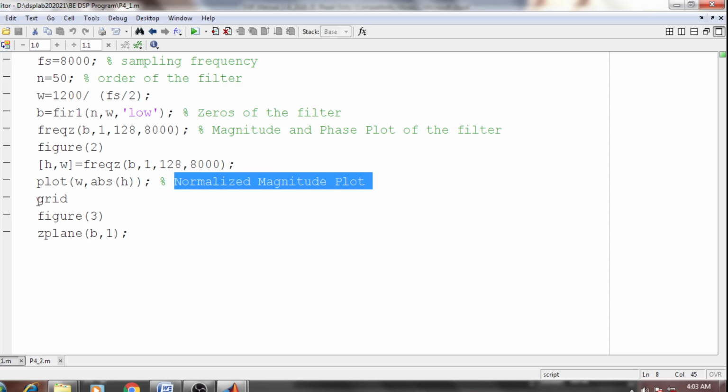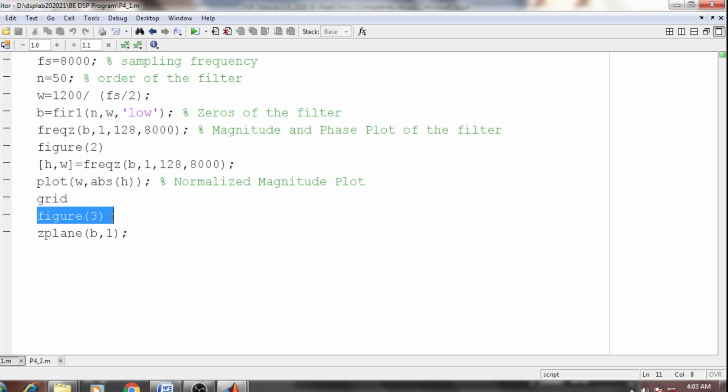Then after that you can plot the phase. The phase plot will be plotted with this function. And lastly we are going to plot it on a z plane.